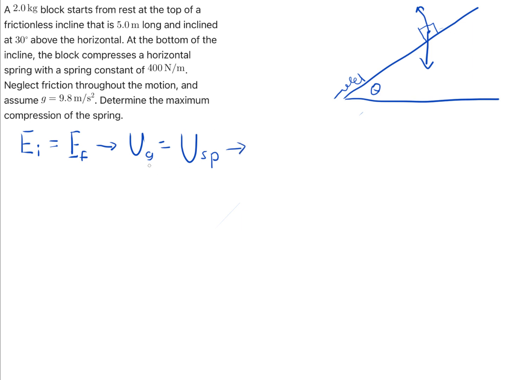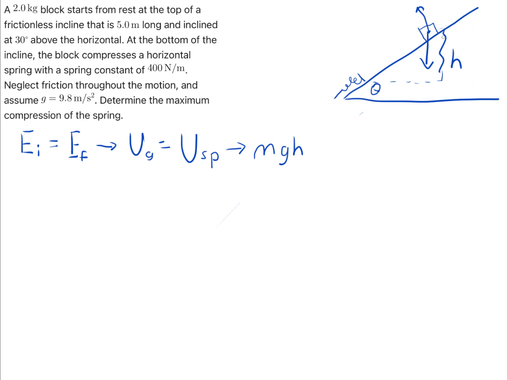So the gravitational potential energy is just the block's mass times the gravitational acceleration g times the height. And in this case, the height is represented by this, if we can draw. So this here is the height. It is the change in the height that the block undergoes as it slides down from the incline to the spring.